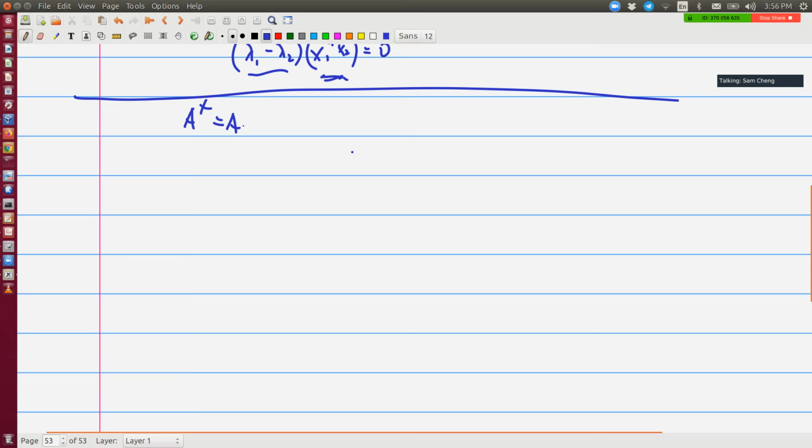Diagonalizable means that I can find some matrix U, or matrix V, such that V Hermitian times A times V will be a diagonal matrix. This is diagonal.